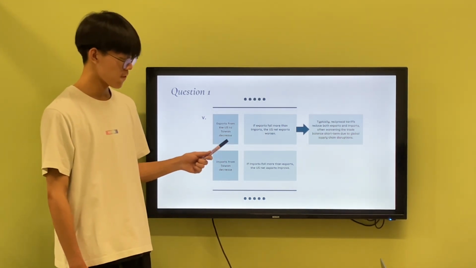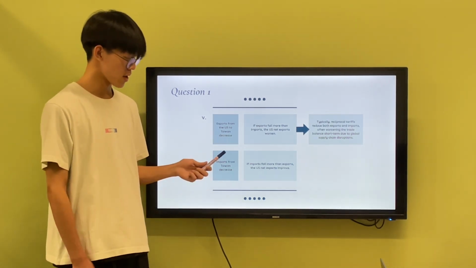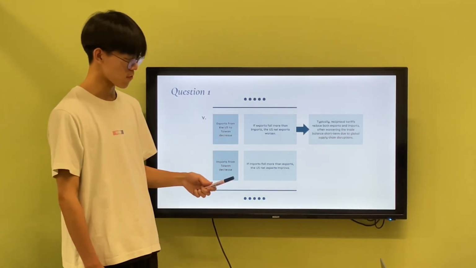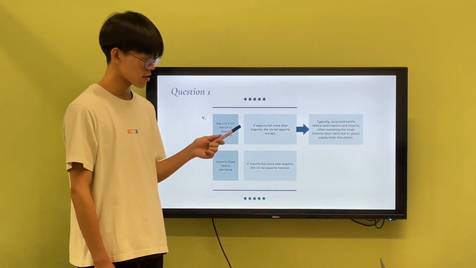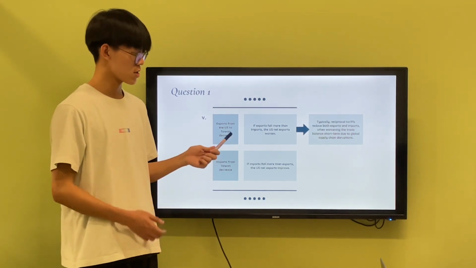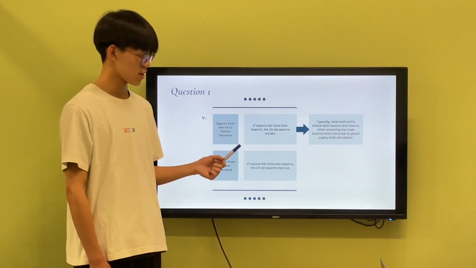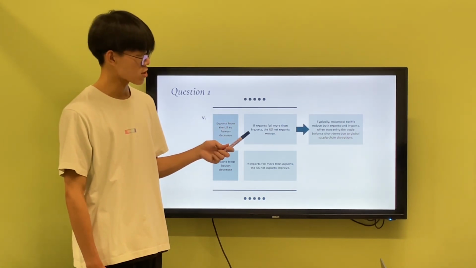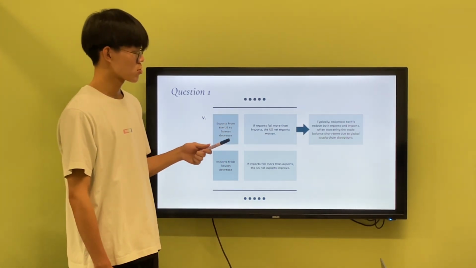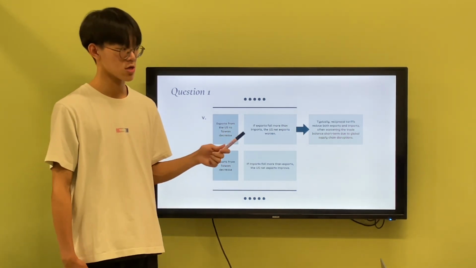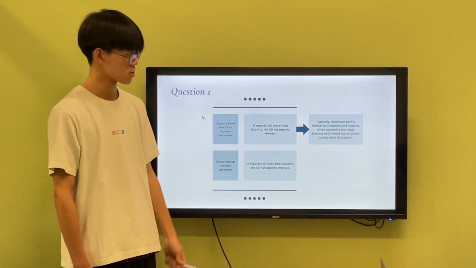If imports fall more than exports, then US net exports will improve. But in the market, usually exports will fall more than imports because the reciprocal tariff will reduce exports more than imports, and it will worsen US net exports.